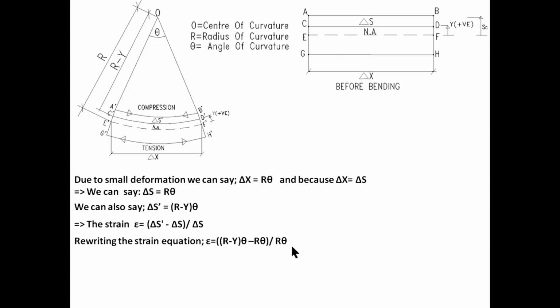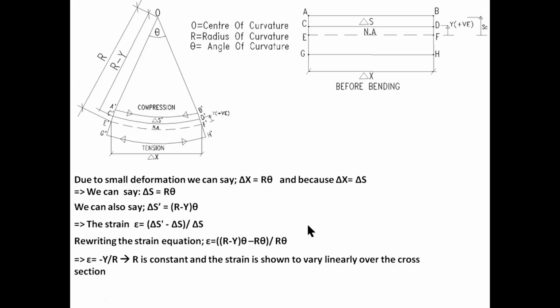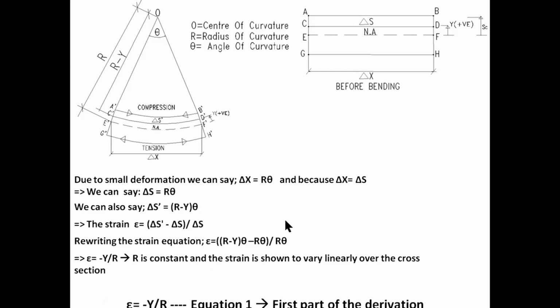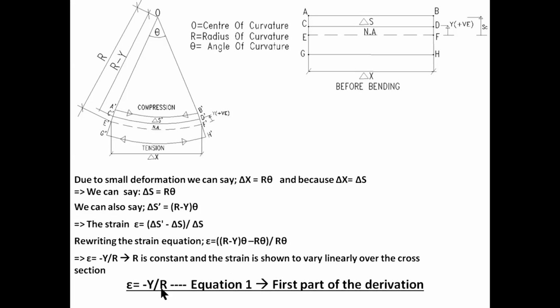All we did was substitute delta S dash and delta S. If we expand this equation and work it out, all the thetas will cancel out, and we would be left with epsilon is equal to minus y divided by R, and we will call this equation 1. This is one of the most important equations and is part of the first derivation of the flexural formula.